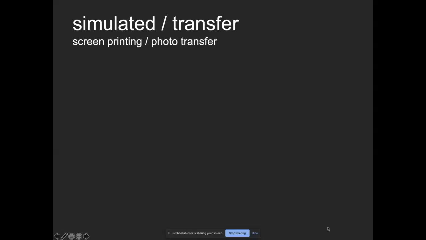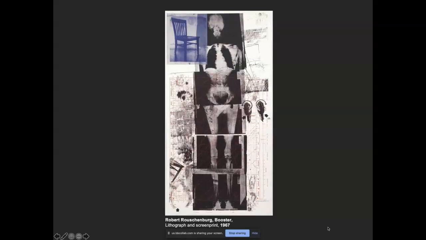Another simulated texture that, again, we don't actually feel, but we see it and it looks like it's got that surface quality, is through transfers like screen printing and photo transfers. Here's another Rauschenberg where he has silk screened these different images onto a canvas or panel that really give the piece a sense of texture.